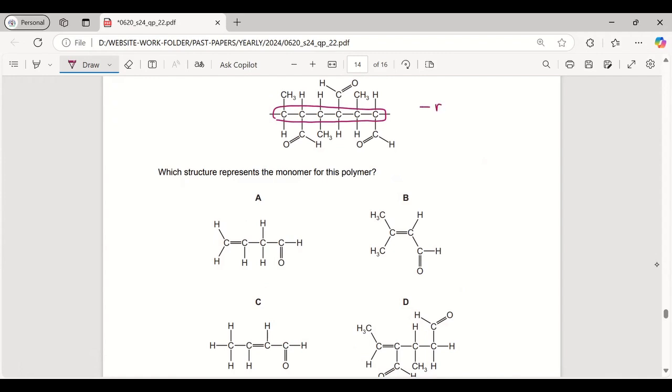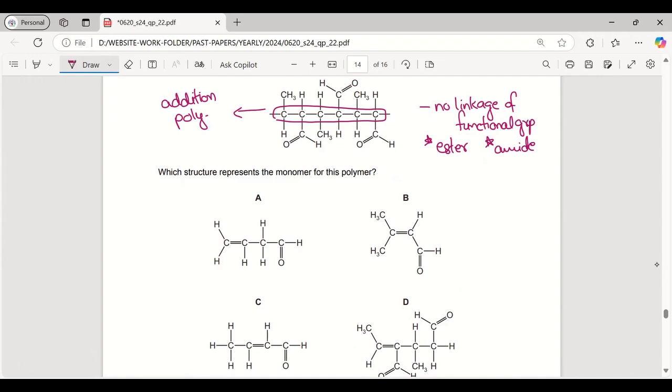It means that there is no linkage of functional groups, like condensation polymerization. In condensation polymerization, there are linkages of the functional groups. For example, there is an ester link, there is an amide link. So these linkages are not present. It means this is simple addition polymerization with carbons linking with each other.